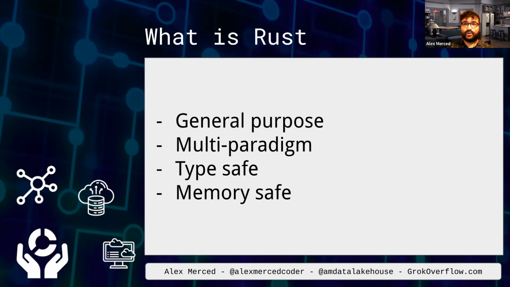It's type safe. So if any of you have programmed in Rust, it's pretty strict on typing. You have to make sure you define the types, and basically everything is pretty rigid in Rust. And that's why it's able to give you that speed and avoid those errors at runtime. Okay, so it's a pretty strict language. And it's memory safe. So it provides you type safety, memory safety, all the safety.